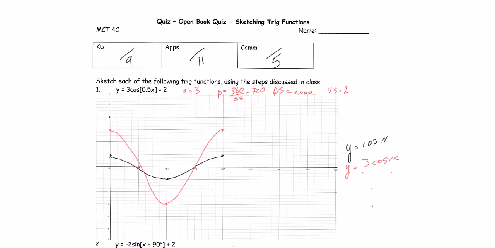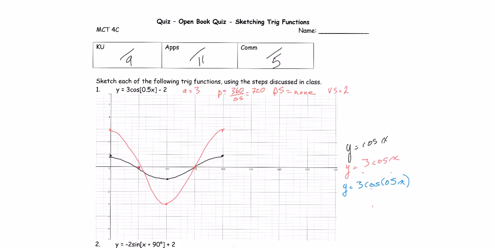Now, after this, our next graph will be y is equal to 3 cosine of 0.5x. So the 0.5x represents the horizontal stretch to 720. So now, from our new graph of 3 cos x, we have all the points.